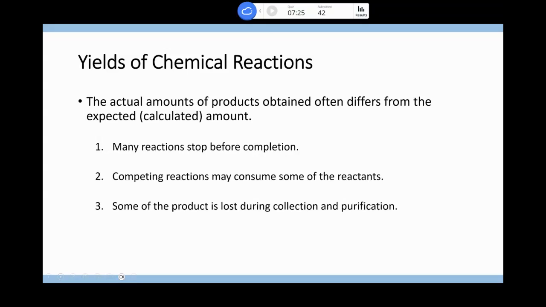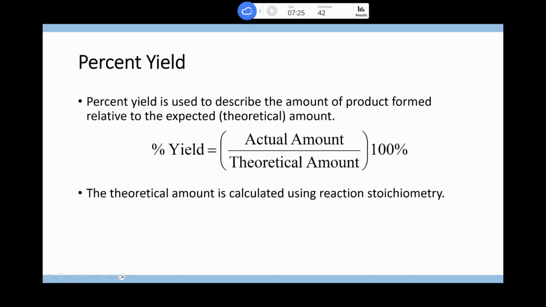So through stoichiometry, through calculations, we have calculated the theoretical yield. That's the maximum amount of product that could be produced. And usually what's actually measured in a lab is less than the theoretical amount. If it's more than the theoretical amount, you probably don't have a pure product. You've got something else present.